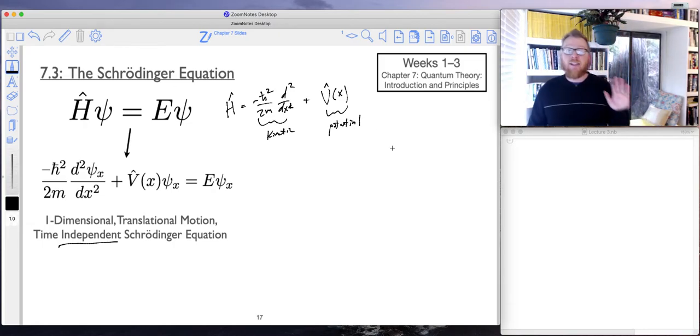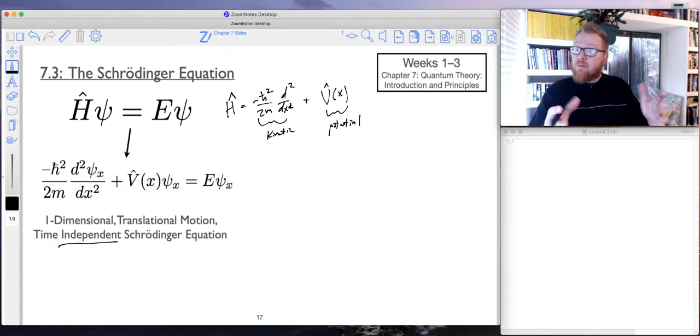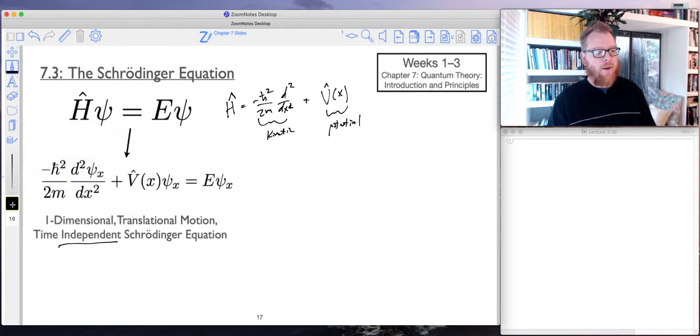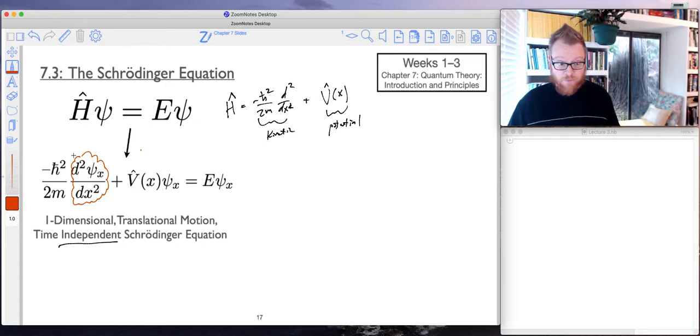And because this total energy operator, this Hamiltonian, is both the kinetic operator and the potential operator, when I apply this operator through the wave function, notice here now what happens. We have the second derivative of psi of x, okay? I'll put that in a red color, okay? So we first, in the order of mathematics, would have to take the second derivative of psi of x with respect to x, okay?